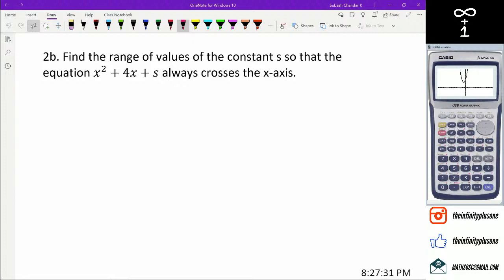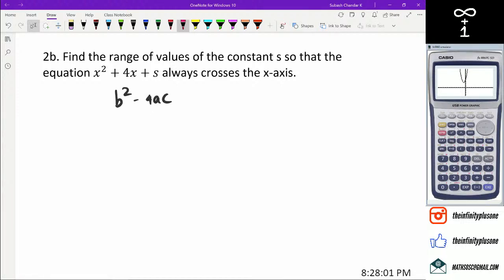It's interesting, we got a couple of versions of this question. All right, let's try it out. This is 4. Because it's going to always cross the x-axis, we know that b squared minus 4ac.